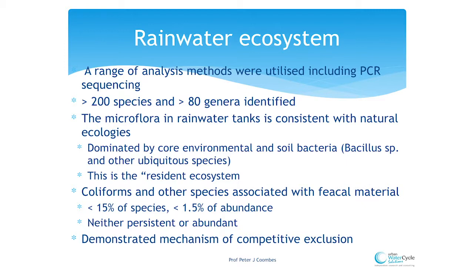So basically, pathogens are rare and infrequent in rainwater harvesting systems, and they're not abundant, so there's not many of them. So they're not persistent and they're not abundant. And there's a demonstrated mechanism of competitive exclusion. So the good bacteria is destroying the bad bacteria, in lay terms.